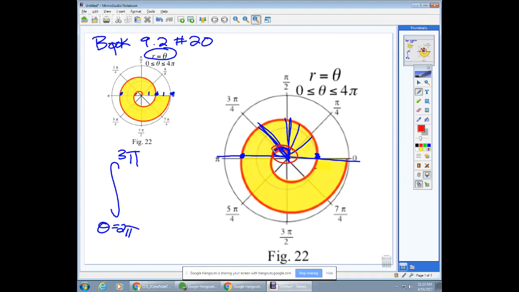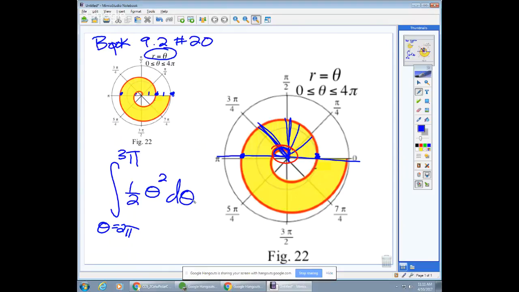We're going to have the same antiderivative the whole time. It's just going to be a bunch of additions and subtractions. Our integrand is 1/2 our radius function, which would be theta squared d theta. So from that, we'll have to subtract off the integral from 0 to pi.